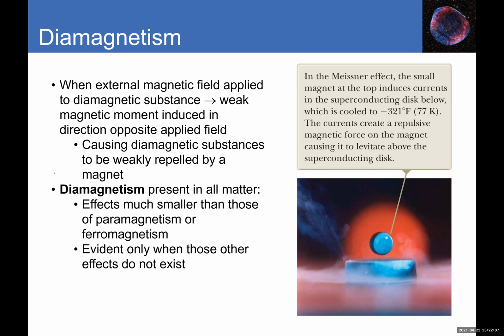Okay. So again, these are different types of substances that can have a magnetic effect. Basically we have ferromagnetism, paramagnetism, and diamagnetism. And hopefully you can see why there is a magnetic effect.